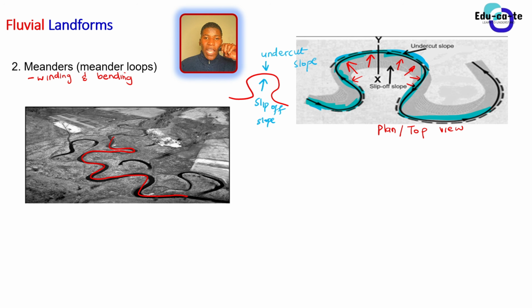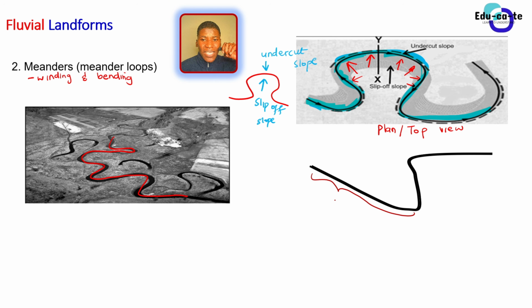So there are two slopes that make up a meander, a slip-off slope as well as an undercut slope. So now we can also view this from the side, so that we can be able to identify those slopes. So viewing this from the side, this is how it looks like. So the slip-off slope, it is this one. All of this area is the slip-off slope. So this is found in the inner bank or the inner bend of the meander.